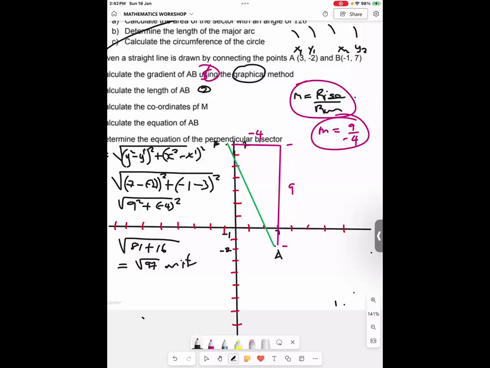So the length of the green line there is root 97 units. If you want to express it in decimal form, that is totally fine as well. But I am quite comfortable and I respect the answer written in root form.